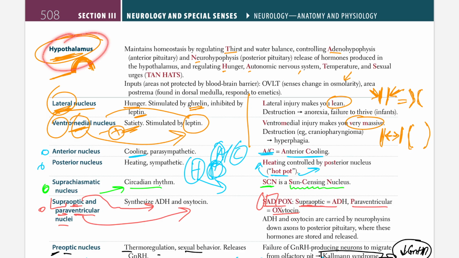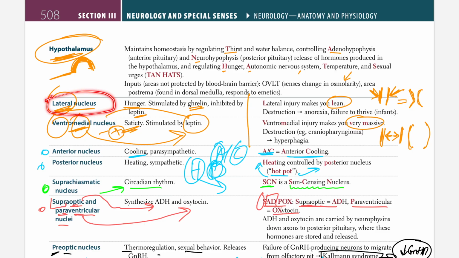Hypothalamus is the TAN HATS. T for thirst, A for adenohypophysis, neurohypophysis, H for hunger, autonomic nervous system, temperature and sexual urges. Input areas are not protected by the BBB, which are the OVLT and area postrema.